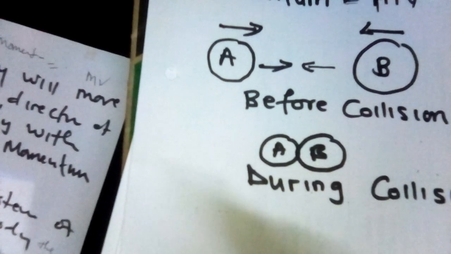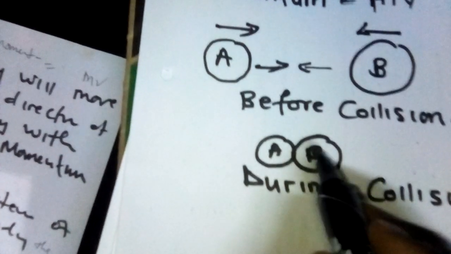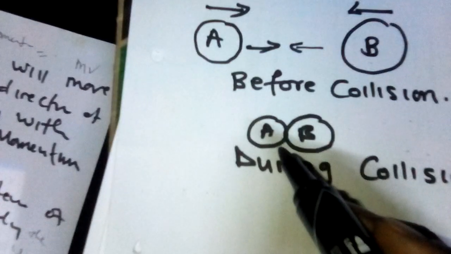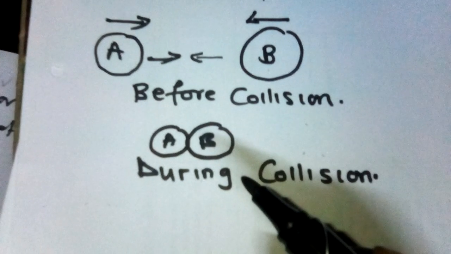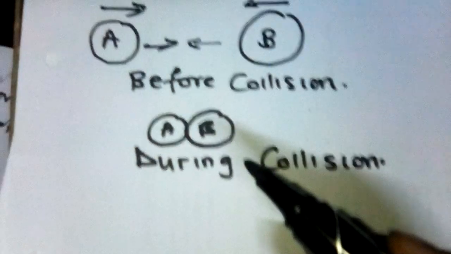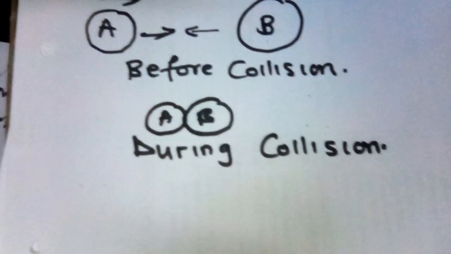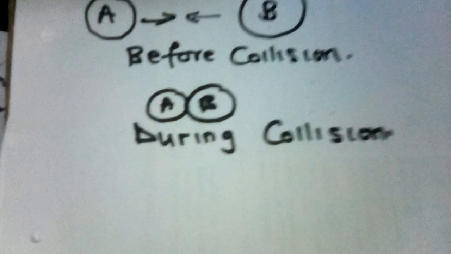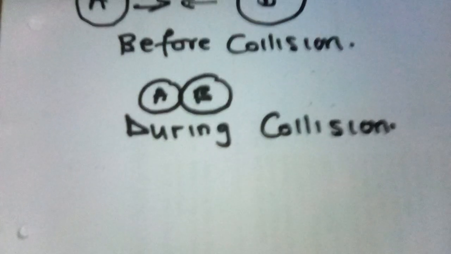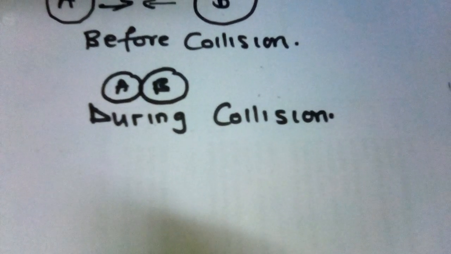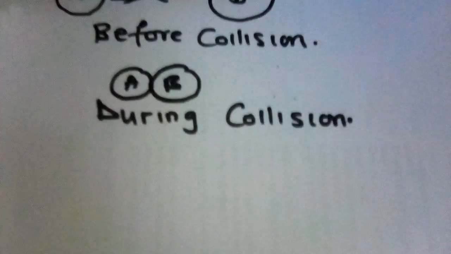So the bodies will move in the direction of the body with greater momentum. It doesn't matter the size or the mass of that particular body, but what matters is the momentum.